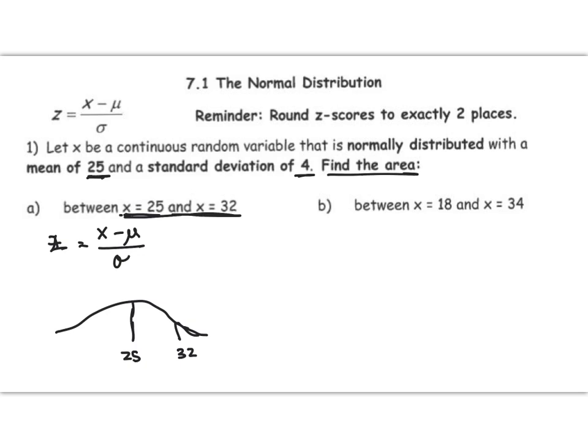Well, I already know that 25 has a z-score of 0, or a standard score of 0, because it is the mean. What I don't know is the standard score for 32. So let's calculate that. So 32 minus the mean divided by my standard deviation gives me a z-score of 1.75.